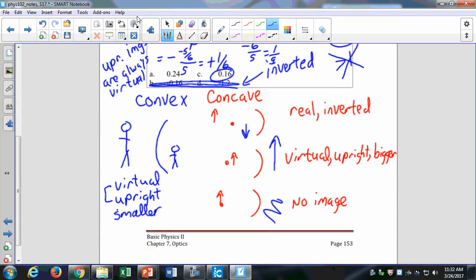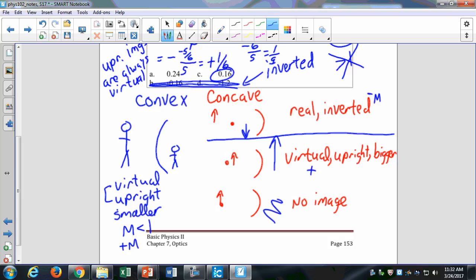Convex mirrors produce images with a magnification less than 1. And also, they always produce a magnification that is positive. Okay? Similarly, over here, if we wanted to put values to these, this concave scenario produces a magnification that is negative.